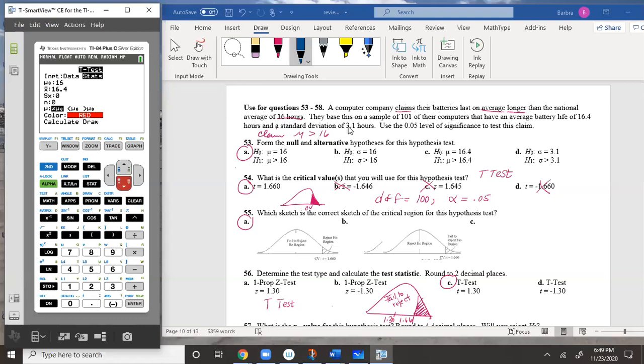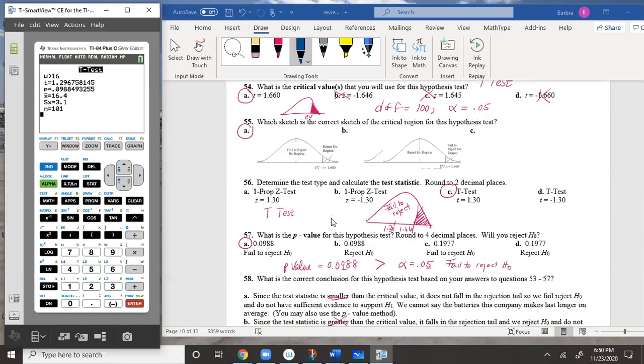The standard deviation is 3.1. N is 101. This is greater than, because it said longer. The test statistic is 1.297, which rounds to 1.3. So the correct answer for 56 is C.